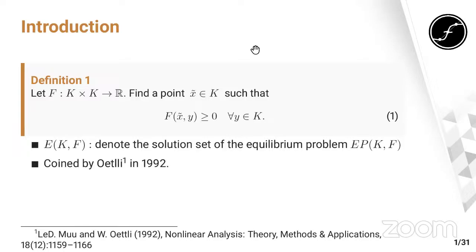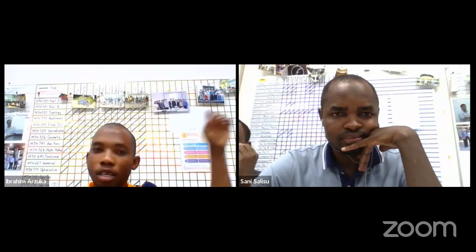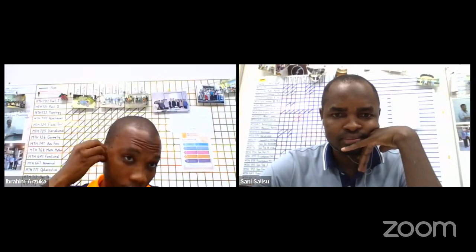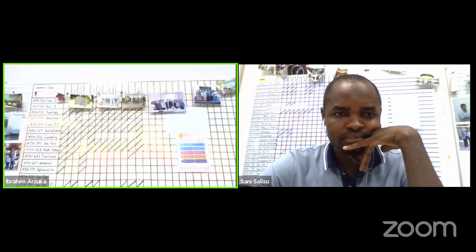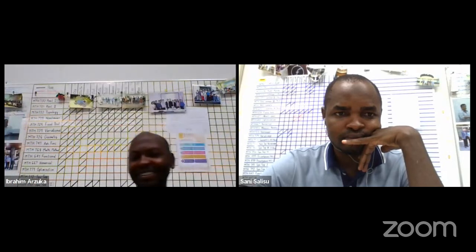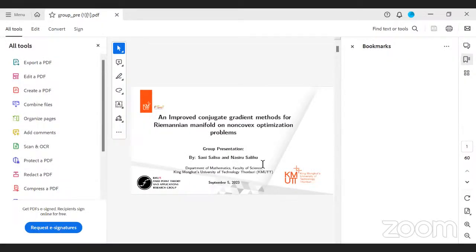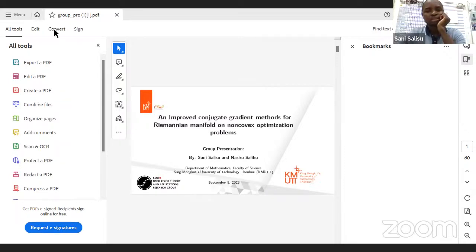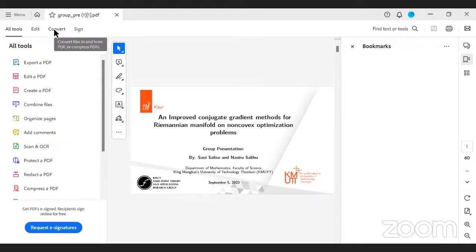Next is the last group: an improved conjugate gradient method for Riemannian manifold on non-convex optimization problems by Nasiru and Sunny. You ready? Let's start. You have 30 minutes for the presentation.